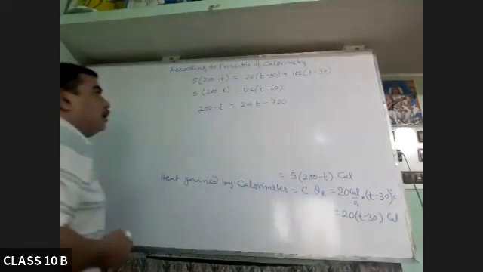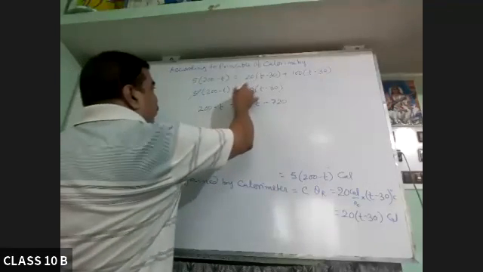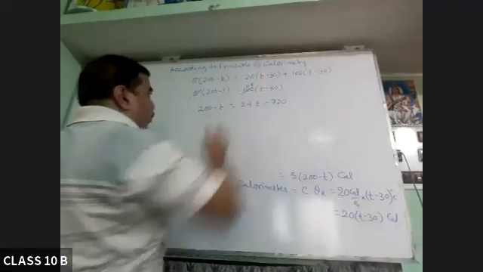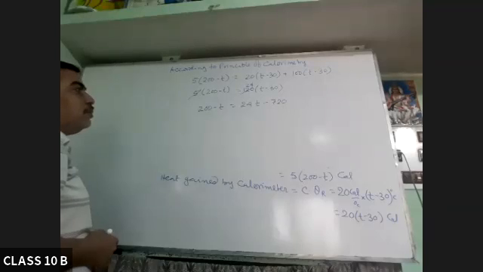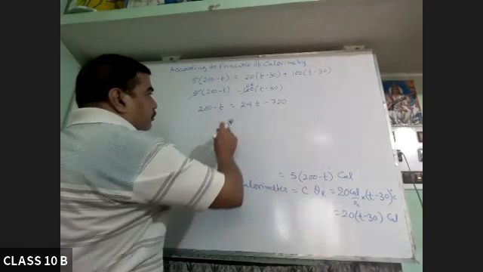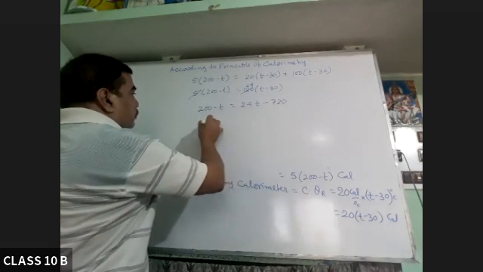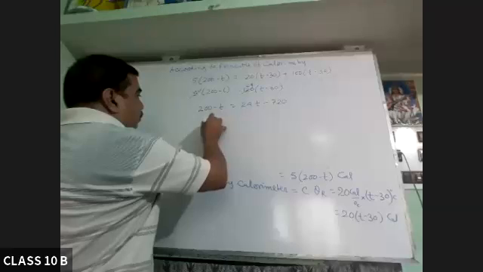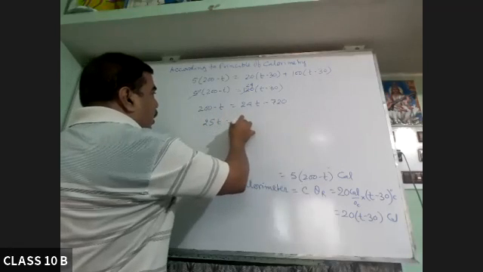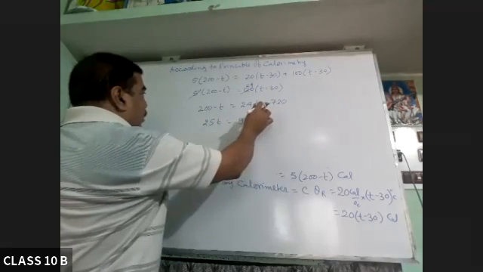Is it correct? 5, 24 times, yeah. So 25 T will be equal to 920.